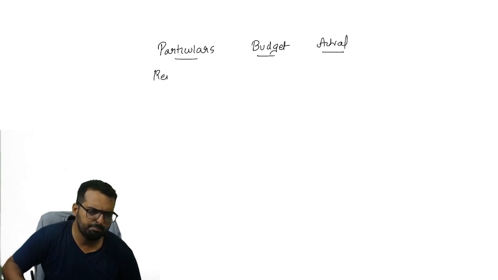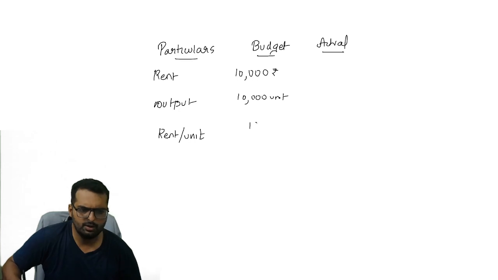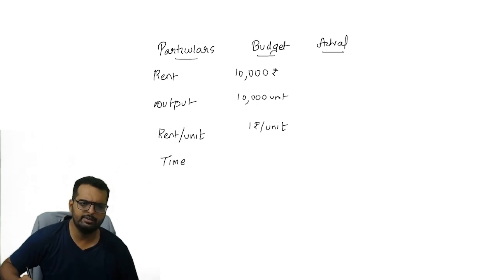So now tell me for the big shop, how much rent he is supposed to pay? 10,000 rupees. What is the output that he is expected over here? 10,000 units. All right. So what is the rent you get per unit over here? You get 1 rupee per unit. Tell me, friends, what is the normal time to make one double omelette? Is it 5 minutes?